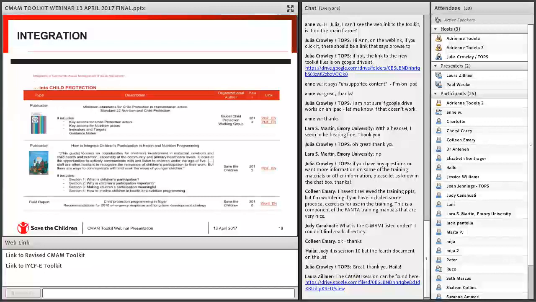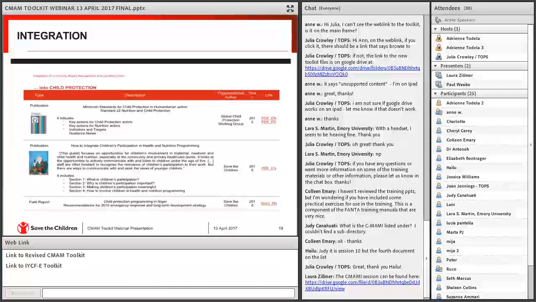And there's a page here just to show how the document is. So that's an example of child protection and the documents that are related to integration. I'll take the example of the Child Protection Working Group of the Protection Cluster guidelines.